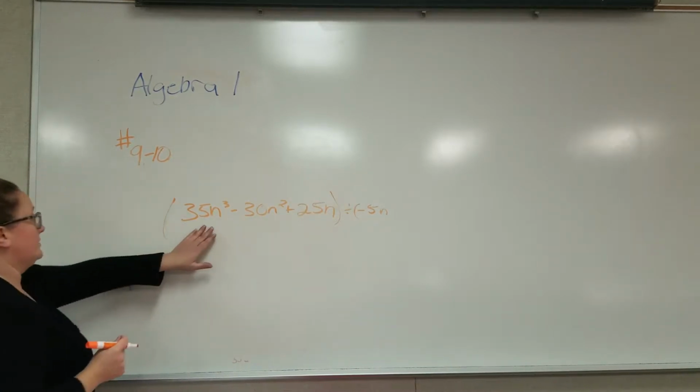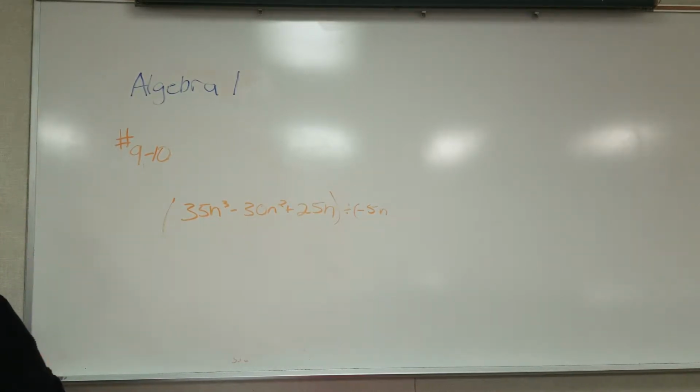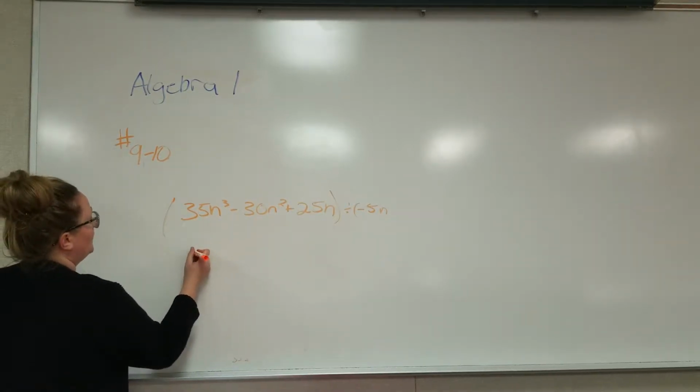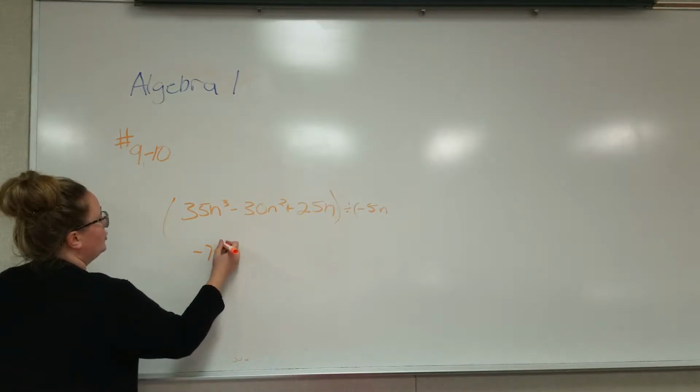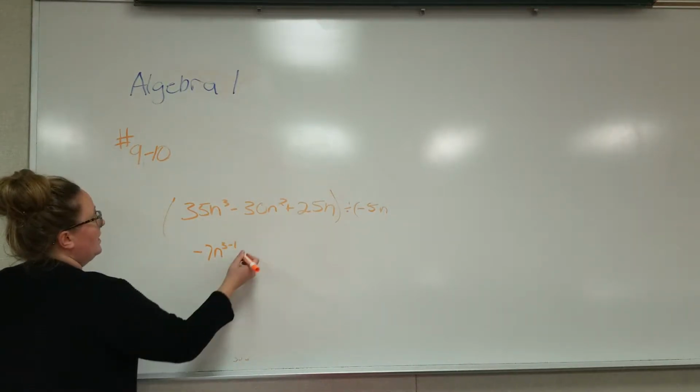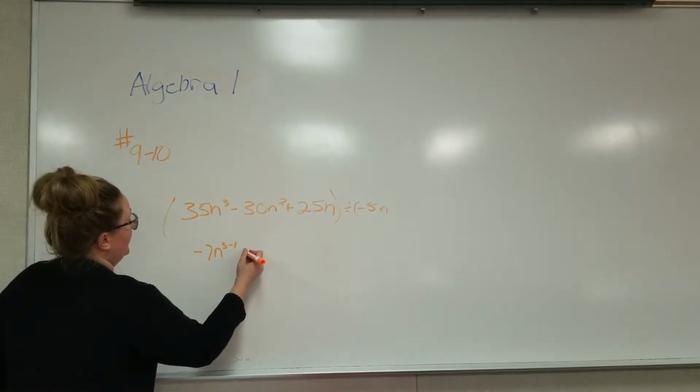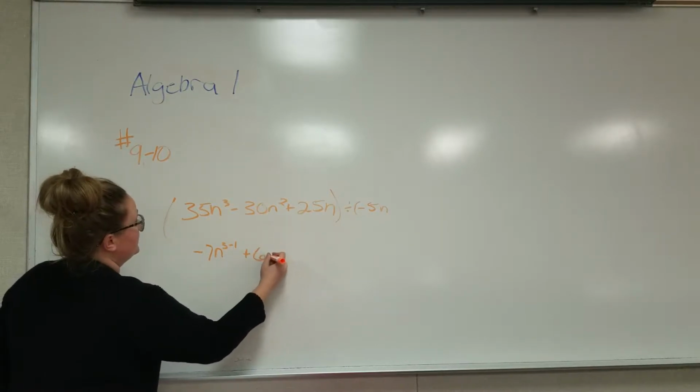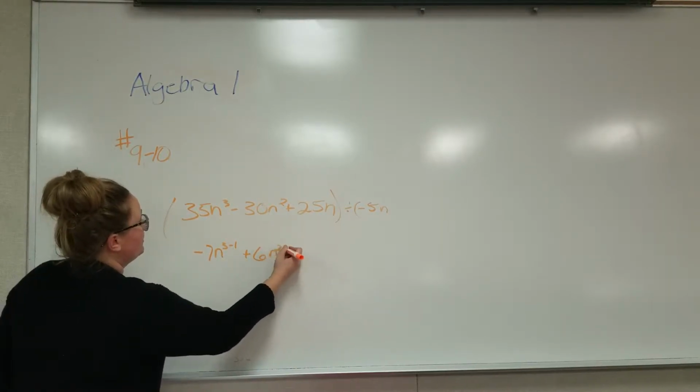So you're going to do this one first, 35m cubed divided by -5m, so -7, right? And m cubed, and you're going to minus the 1. All right, -30 divided by -5 is actually +6, and that's going to be m to the 2 minus 1.